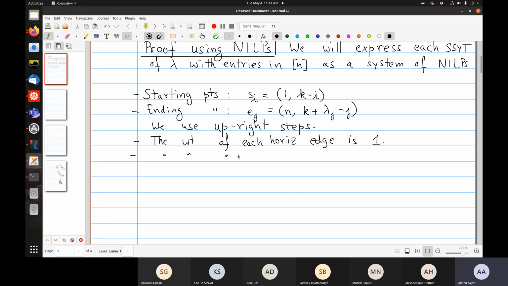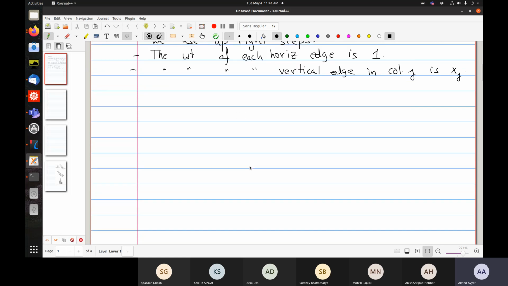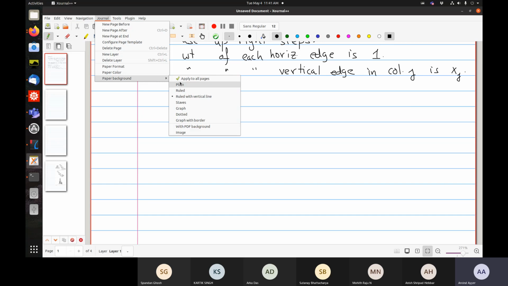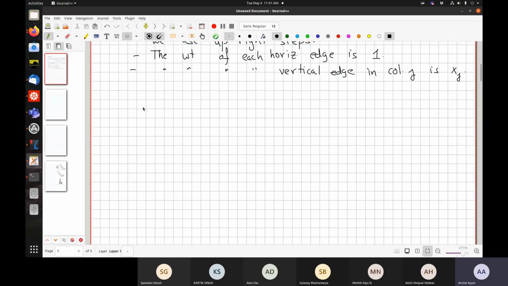The weight of each vertical edge in column j is x_j. Okay, let's give an example. Let me use my graph.